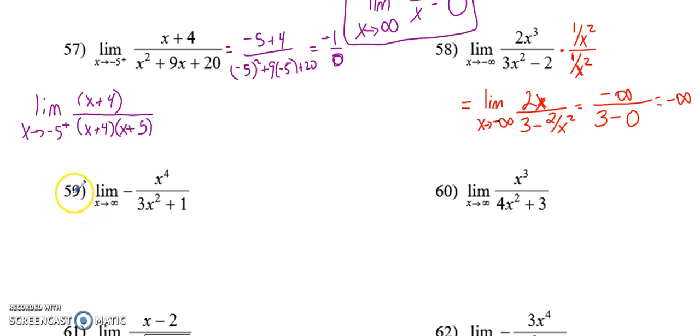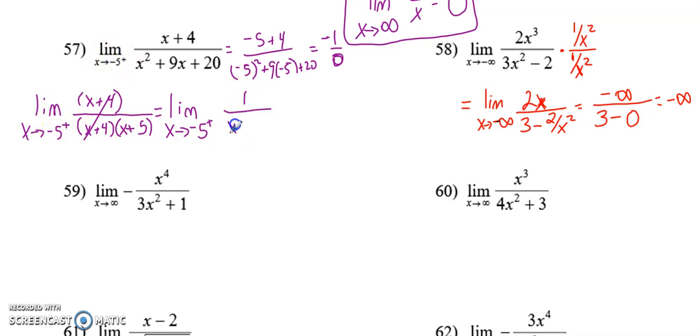Okay? So if we go ahead and cancel those out, we get an equivalent function, an equivalent limit, except that x cannot equal negative 4, but we don't care about negative 4 because we've got negative 5 here, this function.